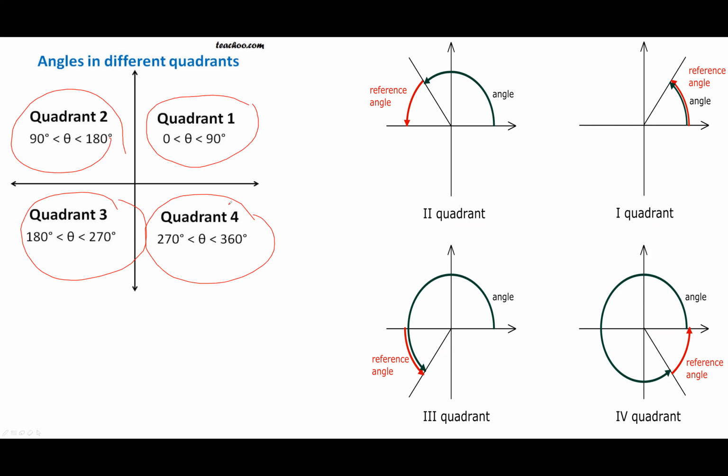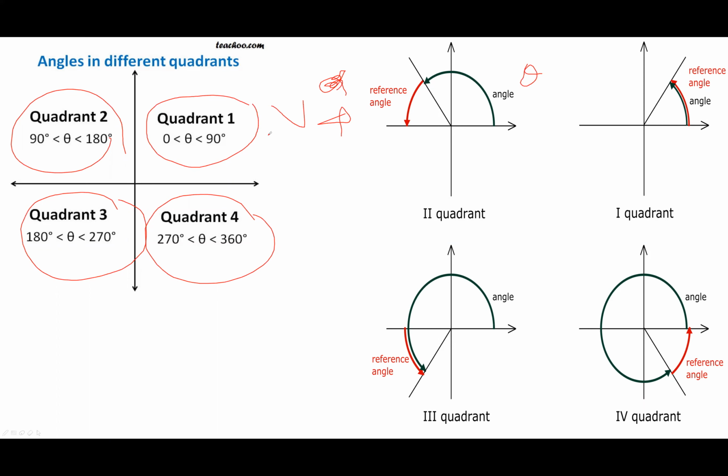So we have two angles. One is the angle with the positive x-axis and the other one is the reference angle. Let's say this is the angle with respect to the x-axis and this is the reference angle. Our right pi. Pi is the reference angle.